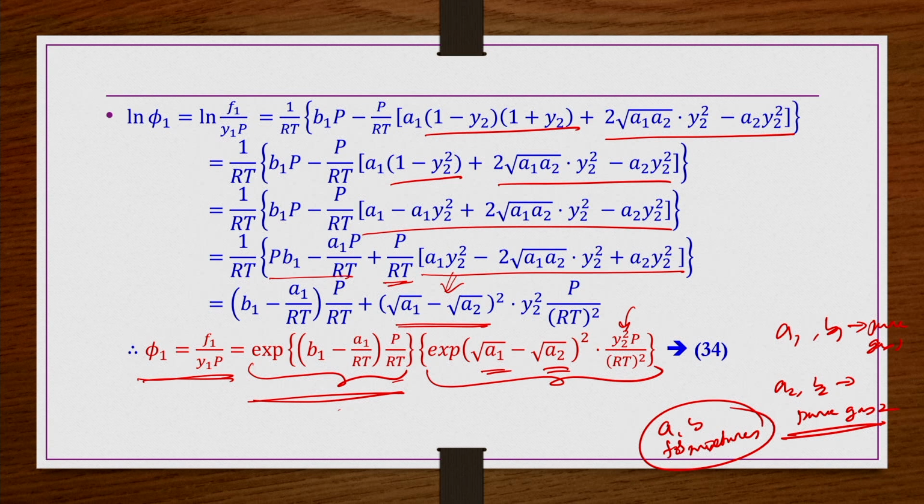Okay. So if the non-ideality of a gaseous mixture is represented by the van der Waals equation in the volume explicit form, and if you take that volume explicit form, and only the first pressure term is kept, with P square and P cube terms neglected, then the fugacity coefficient of component 1, if it is a binary mixture, we can get as the fugacity coefficient of that particular component in the binary mixture, right.